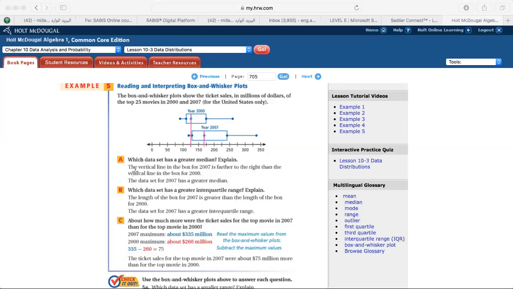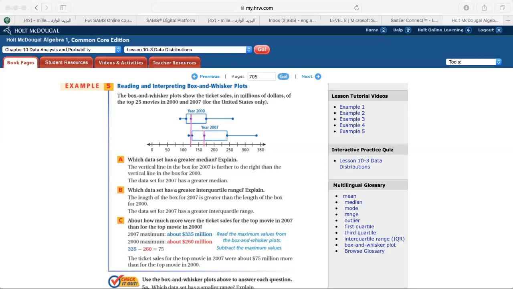In another way, the vertical line in the box for 2007 is farther to the right than the vertical line in the box for 2000. If it is farther to the right, this means it is greater because the numbers are getting greater as they go farther to the right. So the median which is farther to the right is the greater median. The data set for 2007 has a greater median.